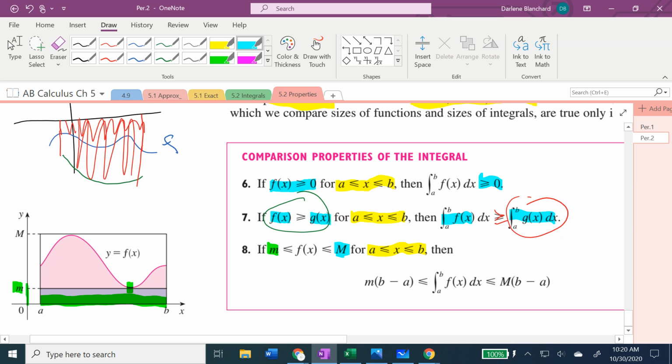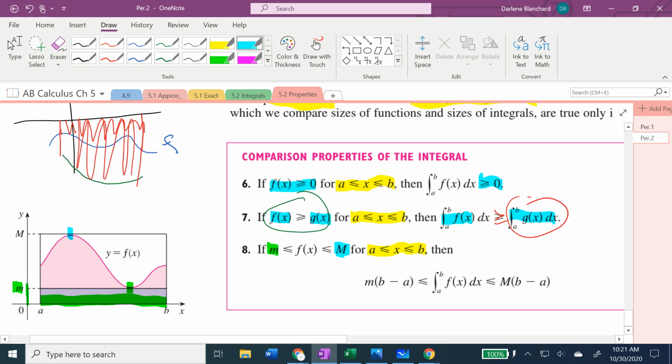And then capital M is the absolute maximum value on that interval. It could be on the a or the b. And there's an equal to sign here. So there's a possibility to get equal to if your f of x function is a horizontal line.